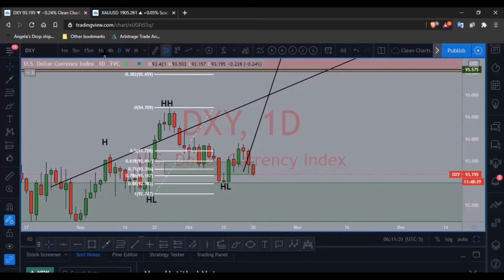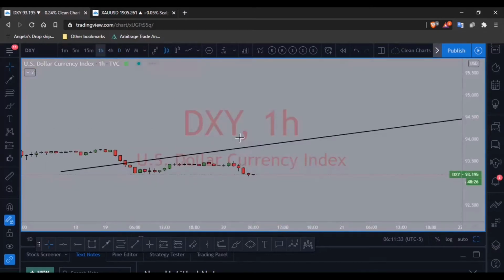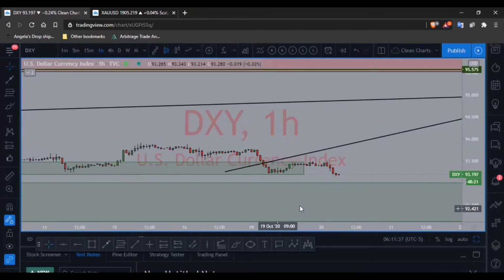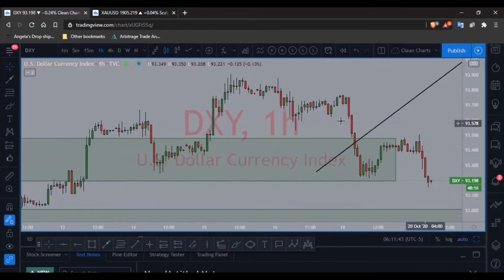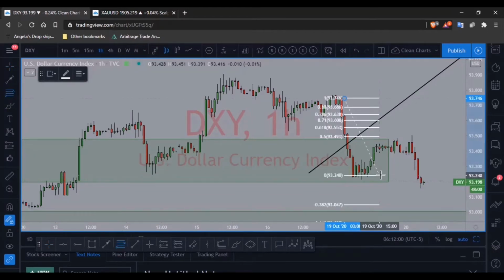If you go to the lower time frames, let's go to the 1 hour time frame. What I mean is, see this impulsive move to the downside? If we were to fib this, we'd be looking for shorts right now. And price came to the 50.